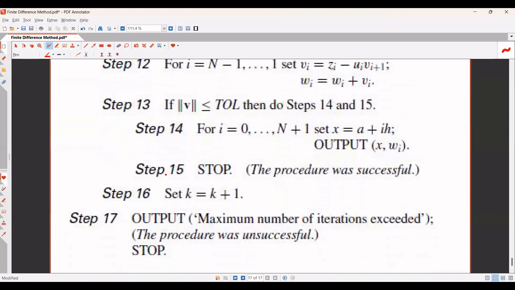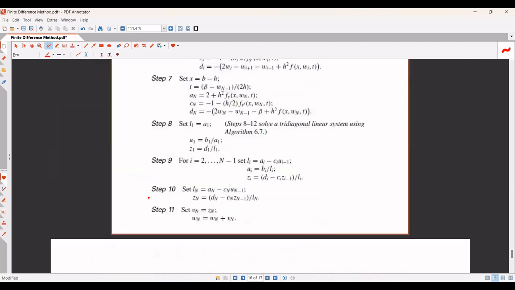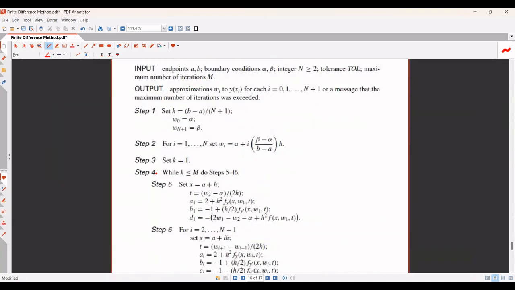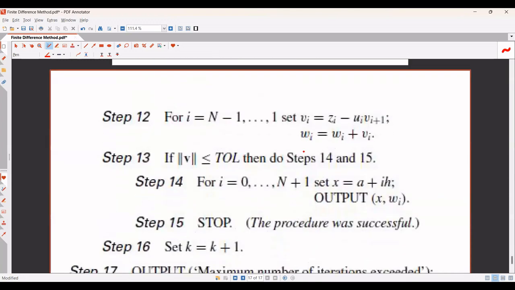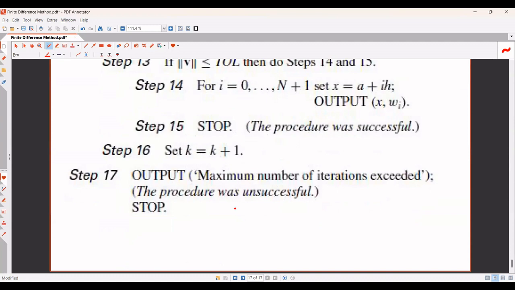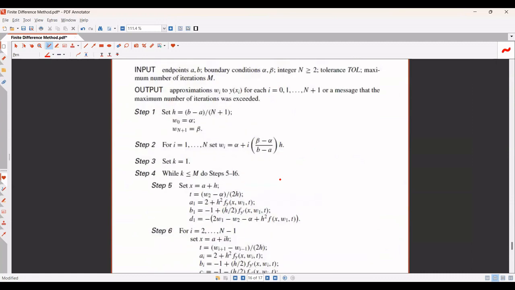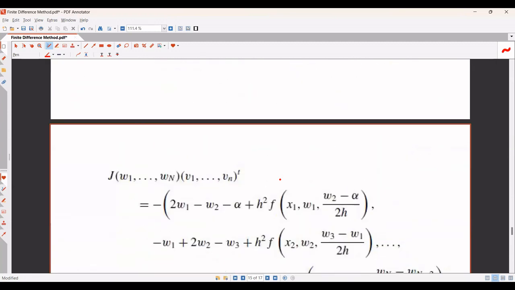Finally, they are introducing the idea of tolerance here, when to stop, and they are repeating the entire process in a loop, going from step 16 back to step 4, because we are approximating the solution of the system using Newton method, right? That is why the entire idea is inside a loop. Finally, at some point we write the output. So this is how the nonlinear finite difference method works.